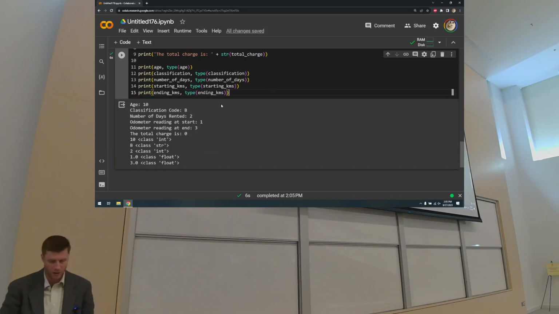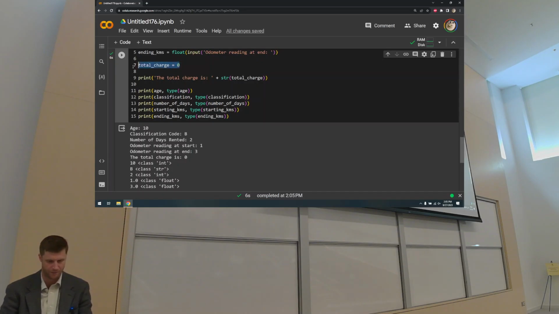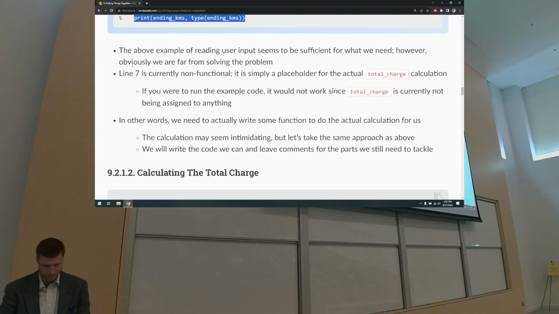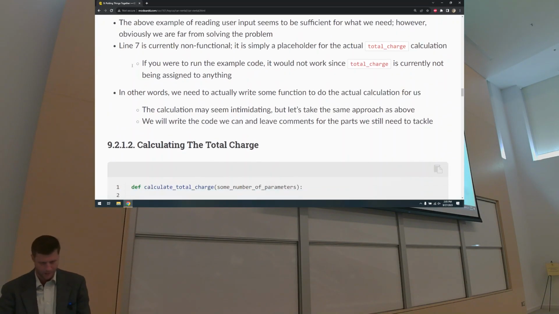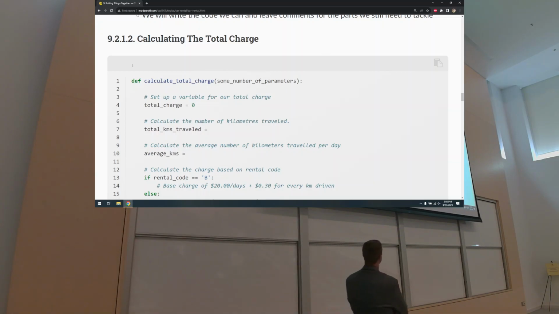So this is all great, but now there's this whole total charge calculation. Calculating the total charge, well, we could write a function for that. But there's some complexity here, right?